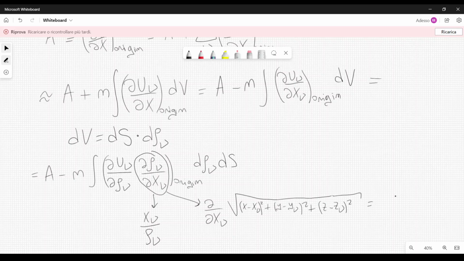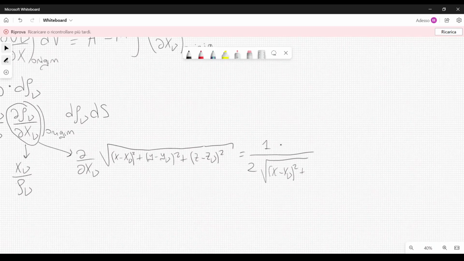So the derivative of this is 1 over twice the square root of x minus x nu squared plus y minus y nu squared plus z minus z nu squared, and then you have to take the derivative of this expression.